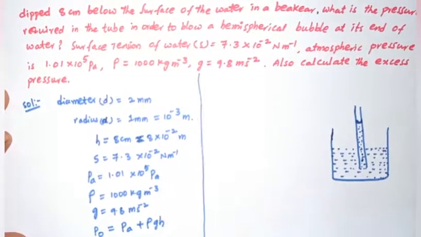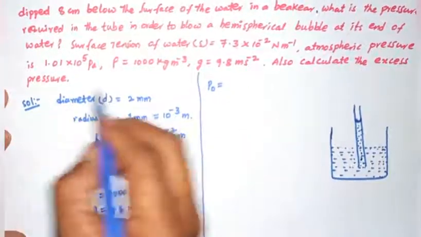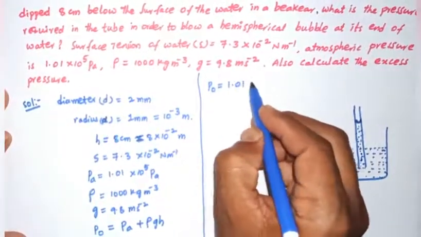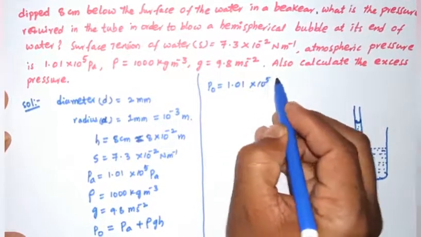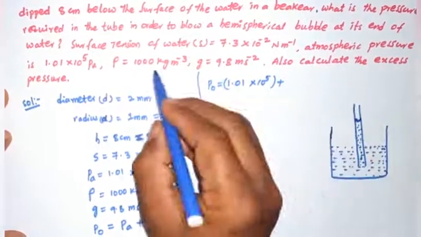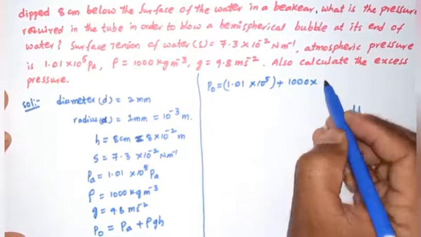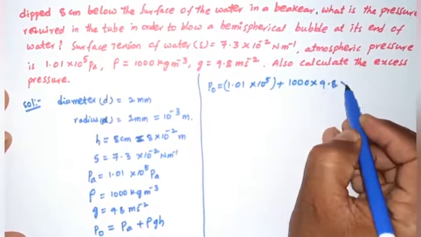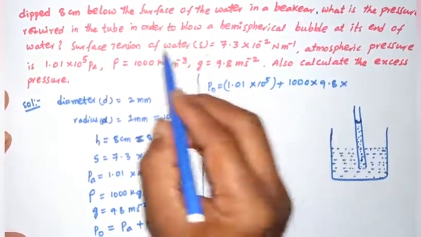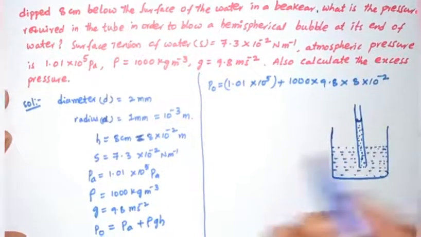So PO equals atmospheric pressure 1.01 into 10 to the power of 5, plus rho equals 1000 into g equals 9.8 into height 8 into 10 to the power of minus 2.